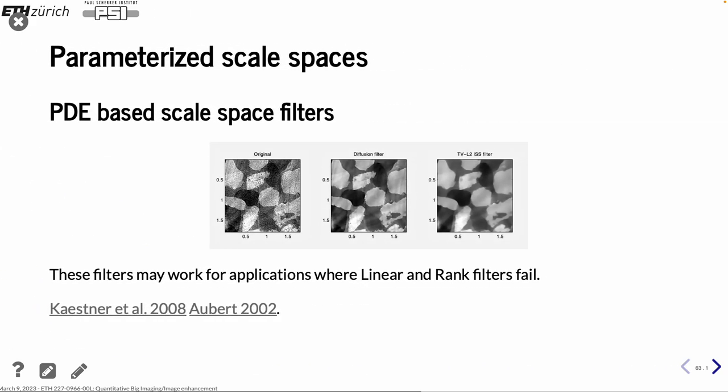Another way is to start using parameterized scale spaces, and then we start using partial differential equations, starting with processes or equations in nature applied on the image.